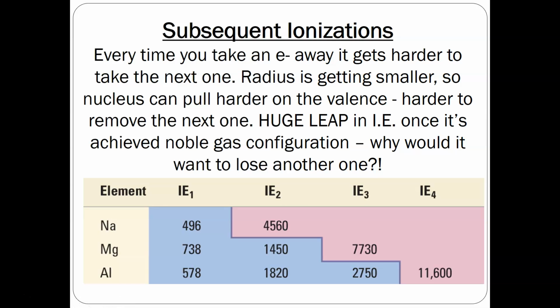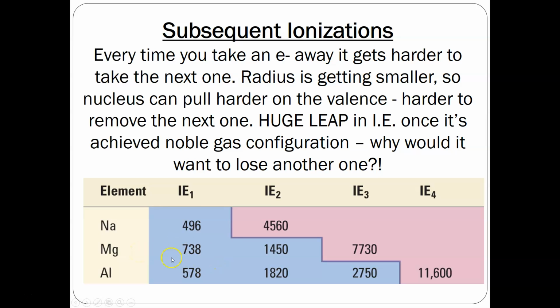That's because sodium, if it loses an electron, instead of 11 electrons, it now has 10. And now it looks like neon. If it looks like neon, it does not want to let you take another electron away. So in order to go from 10 electrons to 9, look how much harder you have to work. Losing one electron for sodium has stabilized it, and it does not want to let you go again.